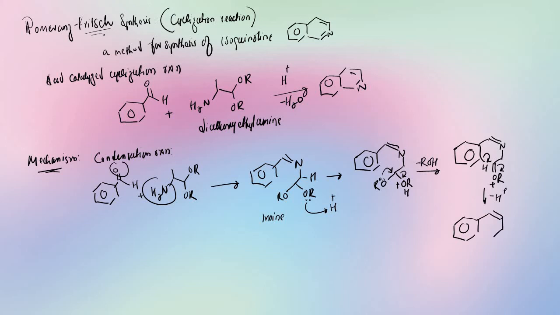We get a structure like this. We have a nitrogen atom over here, because this is still an amine functionality. Again the alkoxy group is protonated in the next step, for giving an intermediate structure like this.